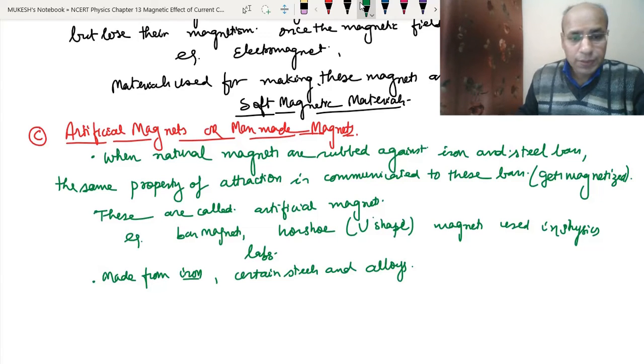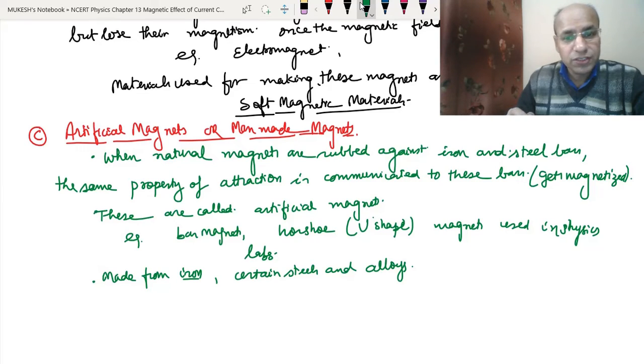So now let's repeat. Artificial magnets are those magnets made when we rub natural magnets against iron or steel bars, and then the property of the natural magnet is communicated to the iron and steel bars, and they also get magnetized and become magnets.